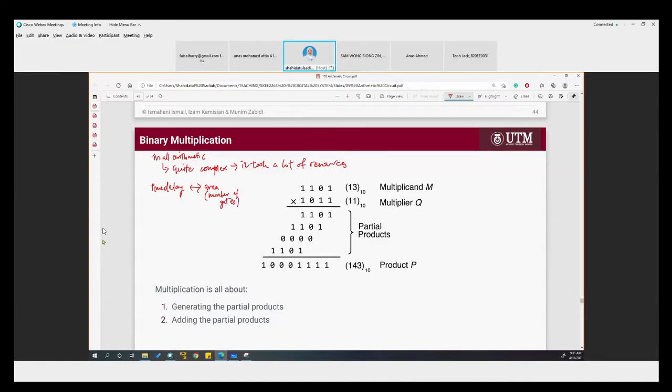So if you want speed, you have to deal with a large number of gates. If you want a small circuit, you have to deal with a long calculation time, a long delay.